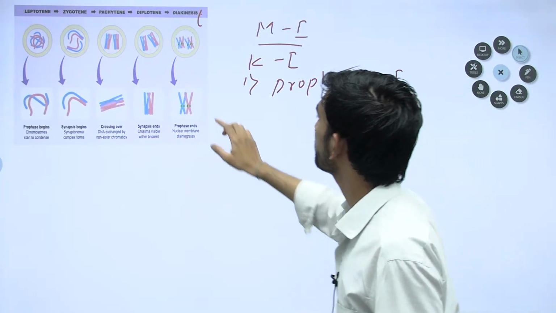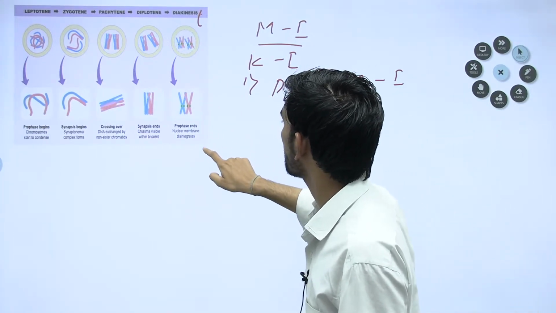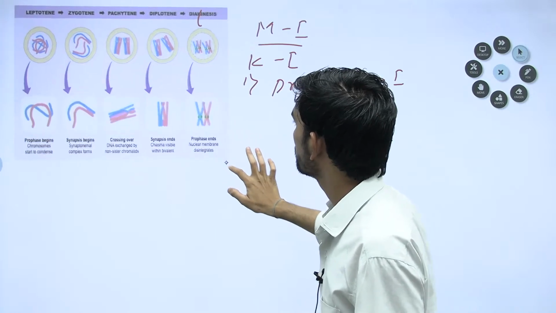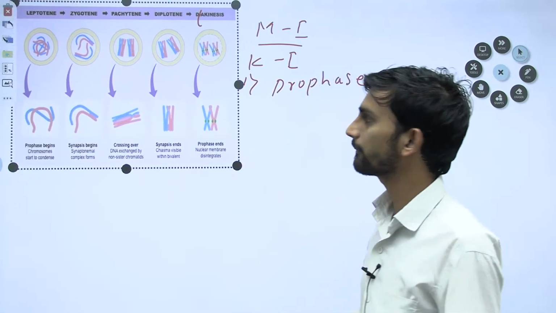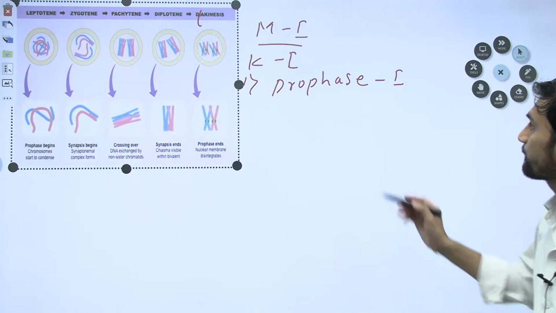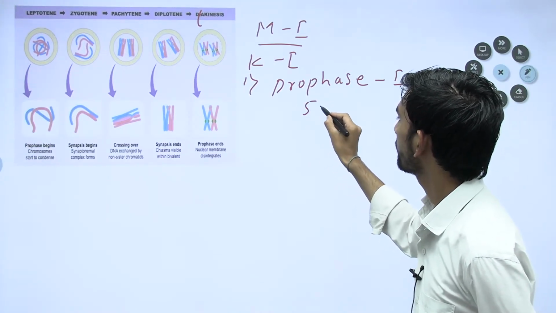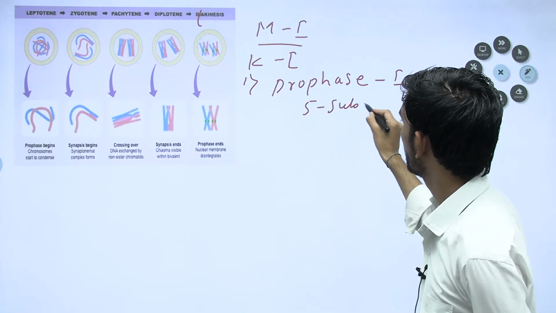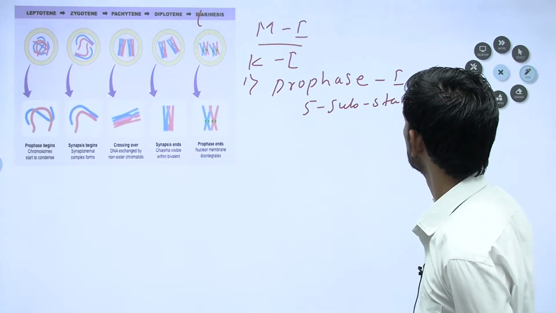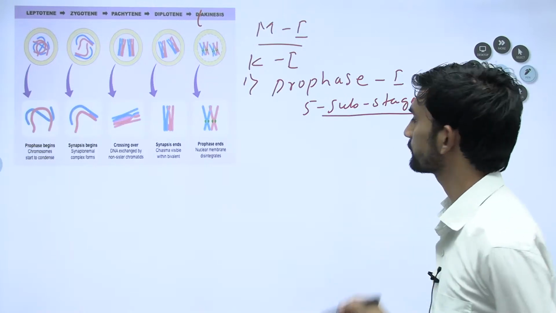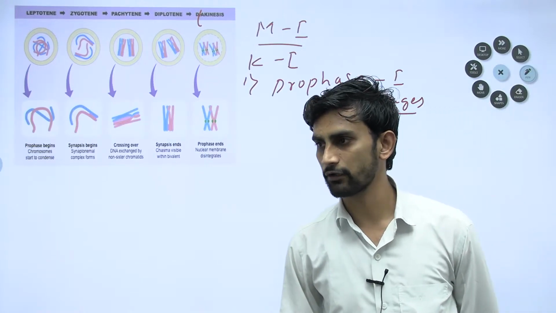Totally how many phases will you find in prophase 1? This is the diagrammatic representation. In prophase 1, again 5 sub-stages you will find.